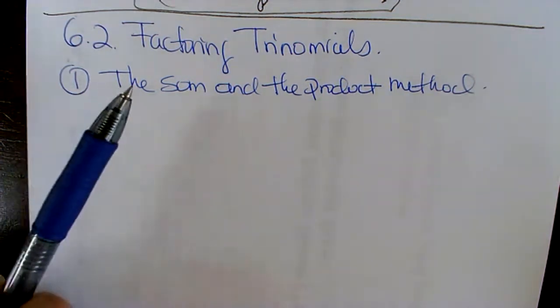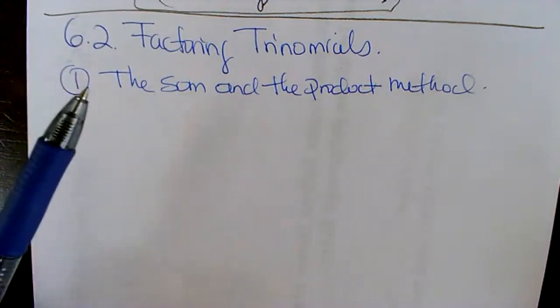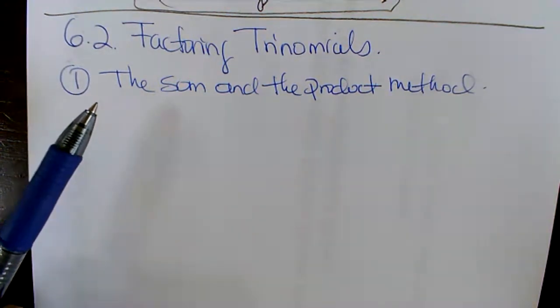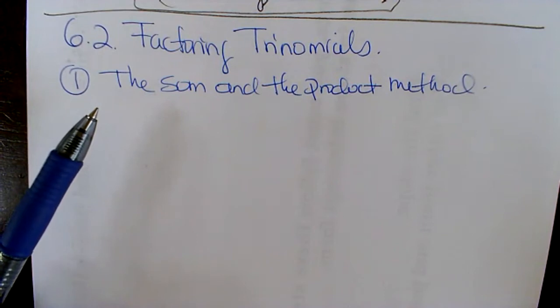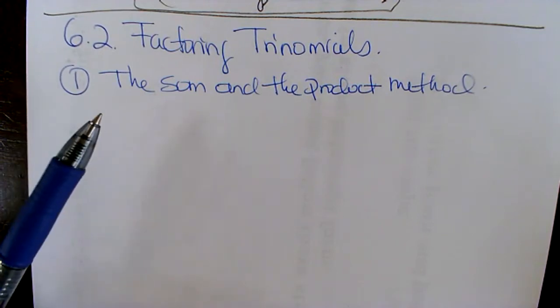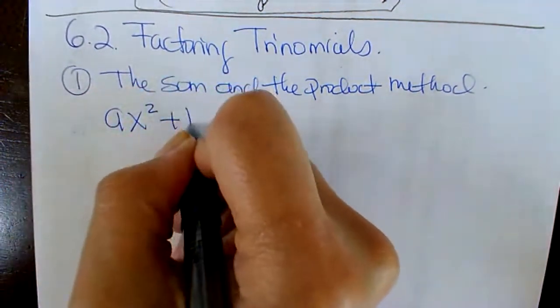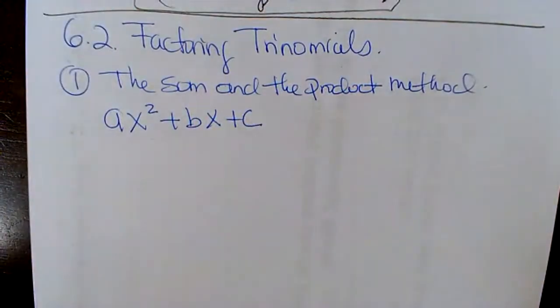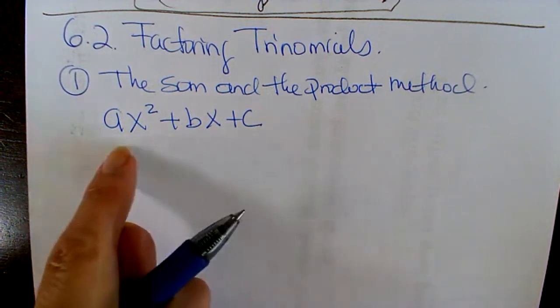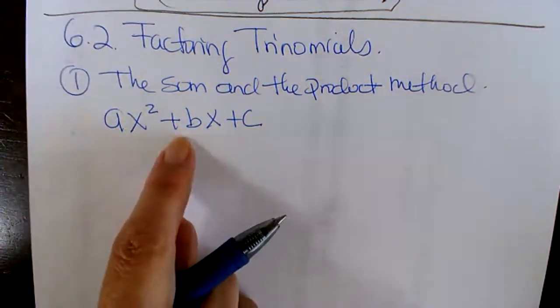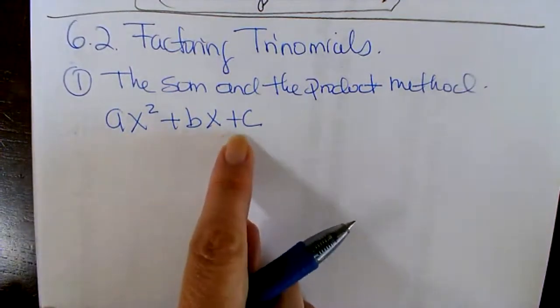But now we're being given a trinomial, and a trinomial has 3 terms, and we're asked to factor it. So most of the trinomials we will be asked to factor will have a specific form, and they are going to look like ax squared plus bx plus c. This is known as a quadratic function, okay? Quadratic functions are in the form of ax squared plus bx plus c.